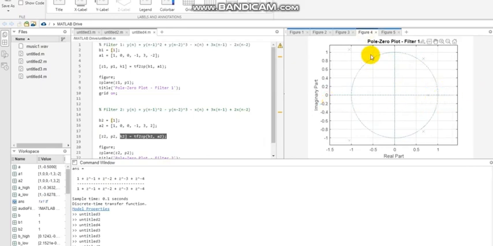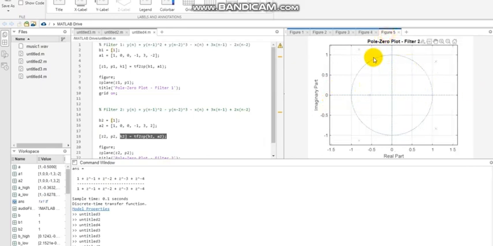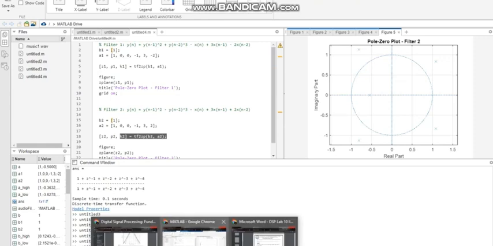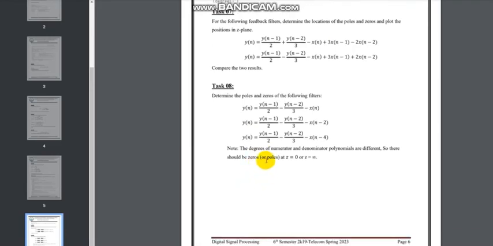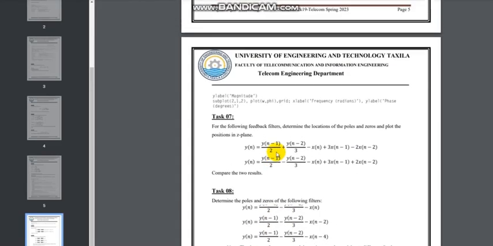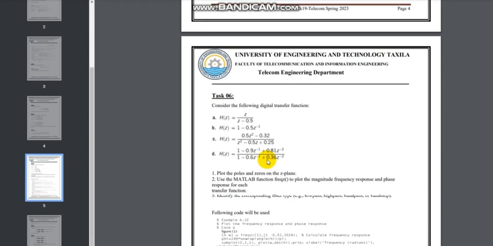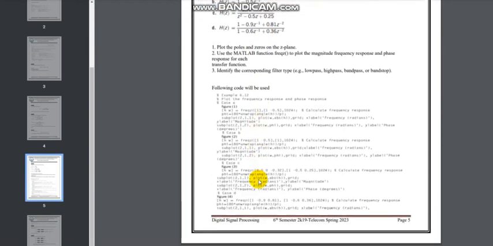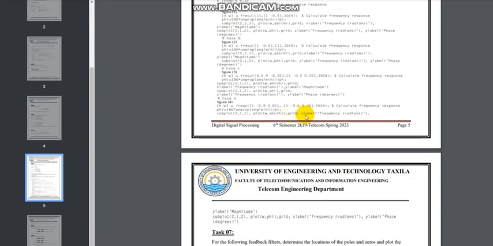As we can see, the poles of this system are outside, so the system is said to be unstable. Similarly, these two graphs are showing instability, and just a little change in the positions of the poles may change their distance from the x-axis and y-axis, due to the change in values.